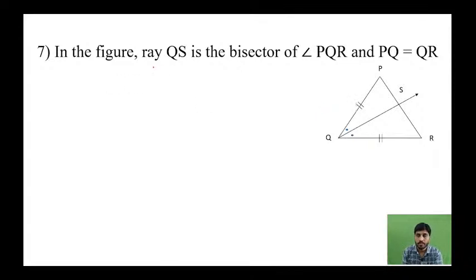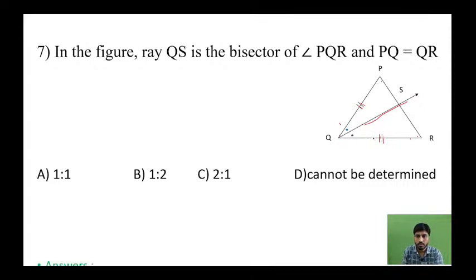In the figure, ray QS, this QS is the bisector of angle PQR and PQ is equal to QR. See, these two sides are congruent to each other. So as both sides are congruent to each other, obviously their lengths are going to be equal, so they will cancel with each other.